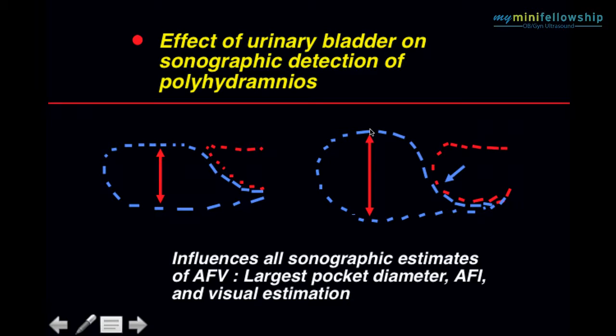And among the diameters that increase is the AP diameter. So an overly distended urinary bladder will influence all sonographic estimates of amniotic fluid, the largest pocket diameter, the amniotic fluid index, and even visual assessment, because the thing that we're looking at is the greatest anterior-posterior dimension.